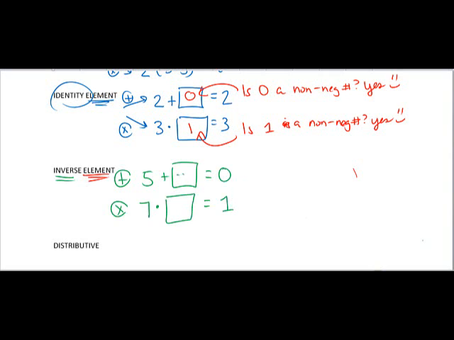So here we have a negative 5 inside. Ask yourself with this one, is negative 5 a non-negative number? No. So that one does not work. So automatically we know it's not a field, but let's keep on going.